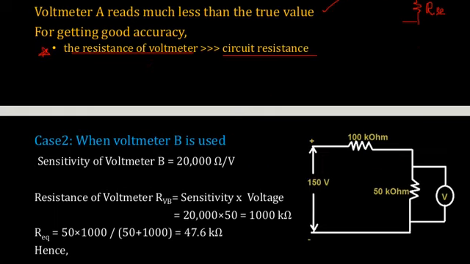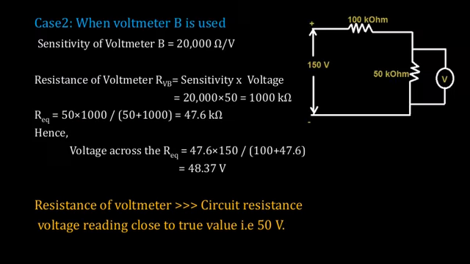Now we will change the voltmeter. Here voltmeter B is used, which has a higher sensitivity, 20,000 ohms per volt. The resistance of this voltmeter will be 1000 kilo ohm. When you multiply sensitivity into voltage, you will get the internal resistance.